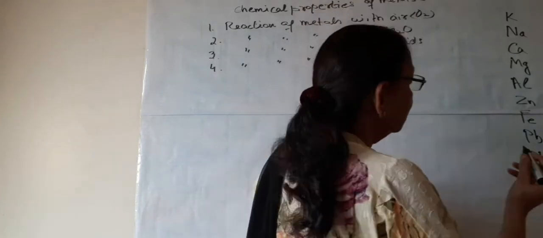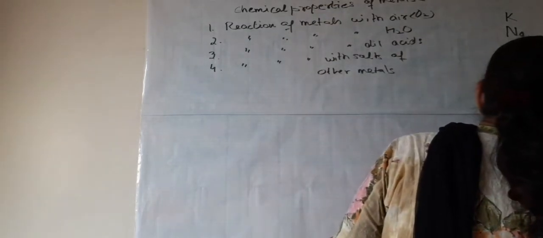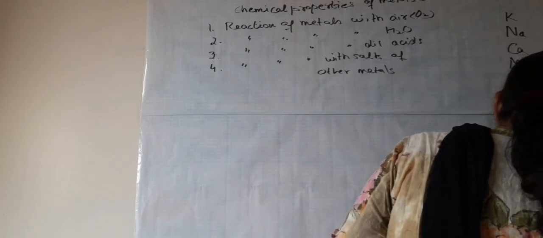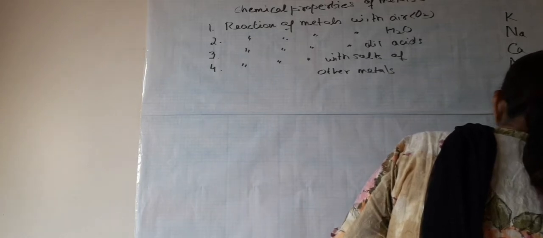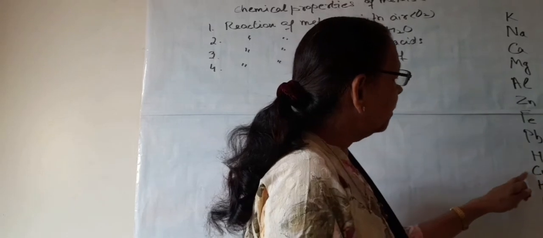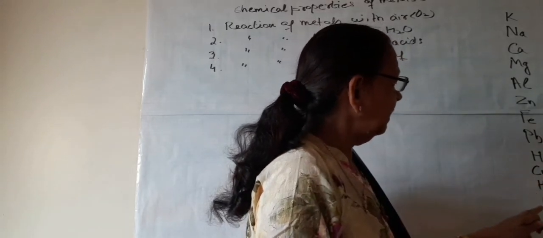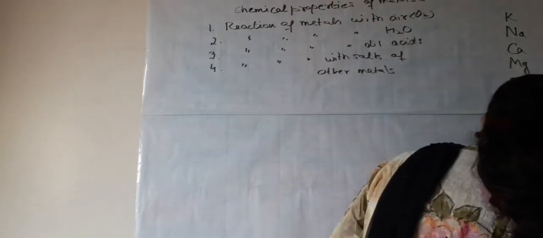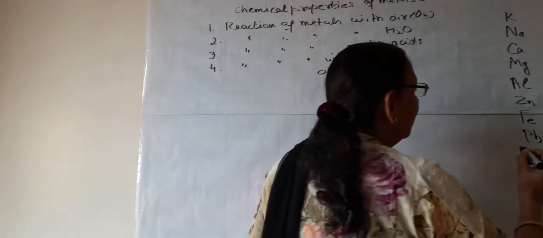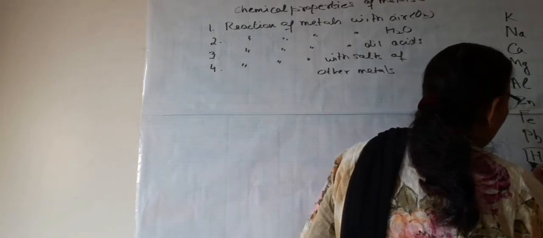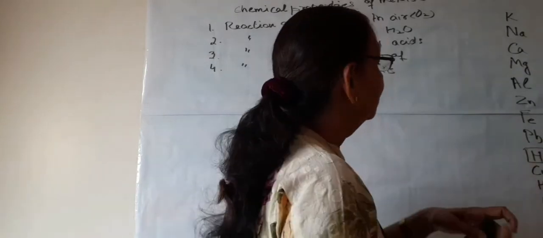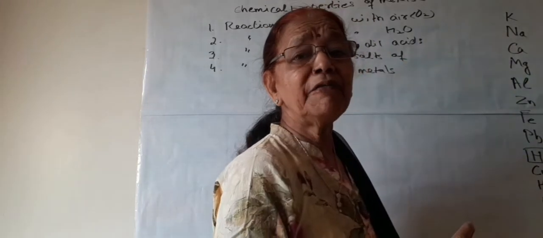And below this we will write platinum, and below this copper, mercury, silver, gold and platinum. Here we have written hydrogen also, though it is not a metal. This is the reactivity series of metals.